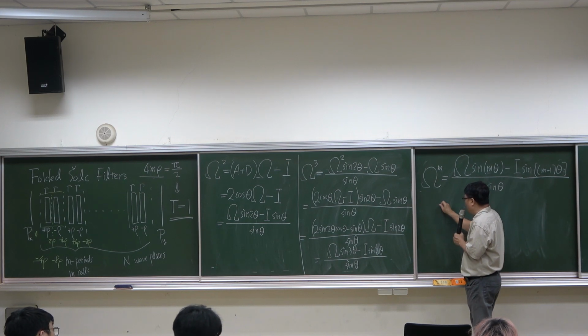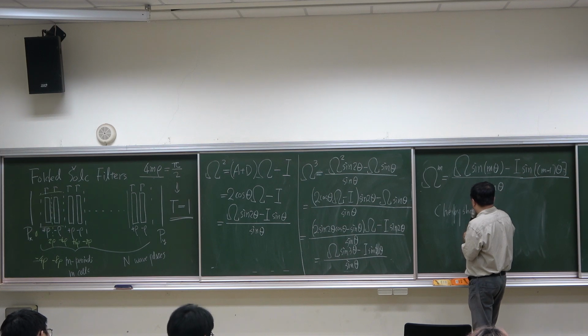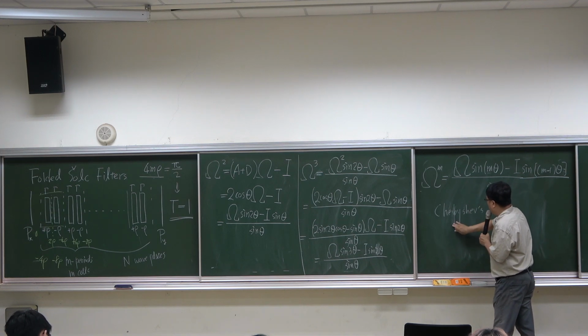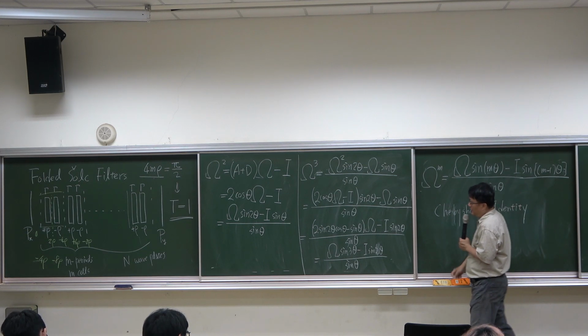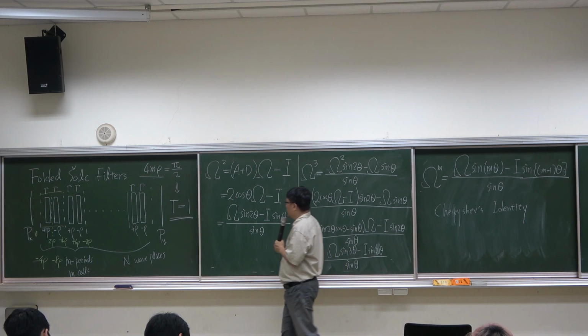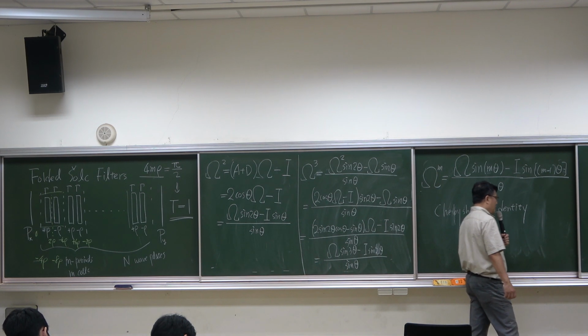This result is called Chebyshev identity. Okay.